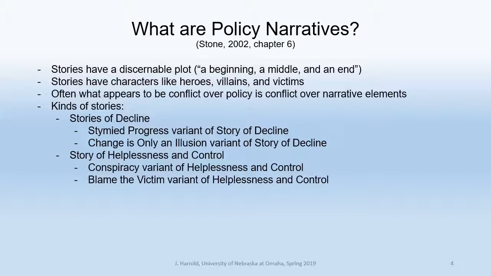So Stone talks about stories as really just being what they are, a narrative with heroes, villains, and victims, right? That is how we tell our stories in books and movies, right? There are heroes, there are villains, there are victims. So think of the famous Kurosawa film, The Seven Samurai, which also became the Magnificent Seven, the Western, and even The Three Amigos was based on this idea of the Seven Samurai.